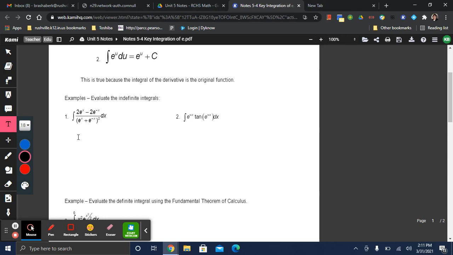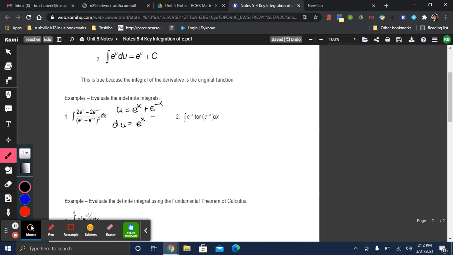So we'll start with your first example, and since it's a quotient, we'll use the denominator for the u, and that will be e to the x plus e to the negative x. And then we'll do the derivative of that, so du, which would equal e to the x, so itself.